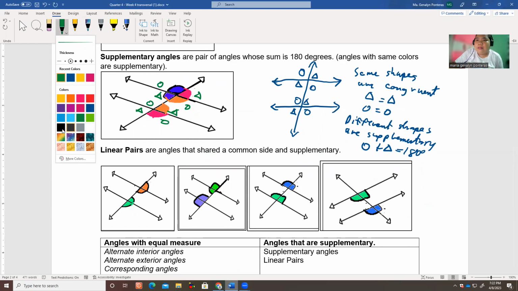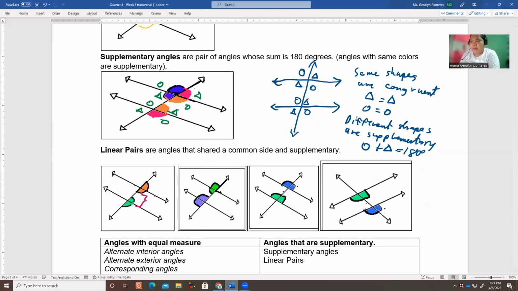So this is also a linear pair. This one is also a linear pair.